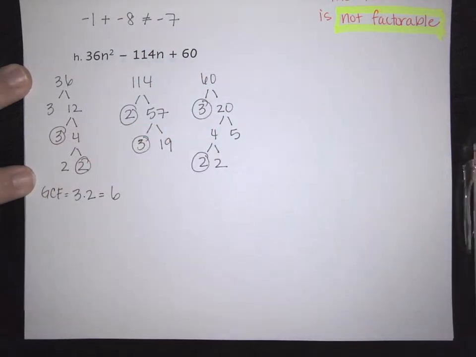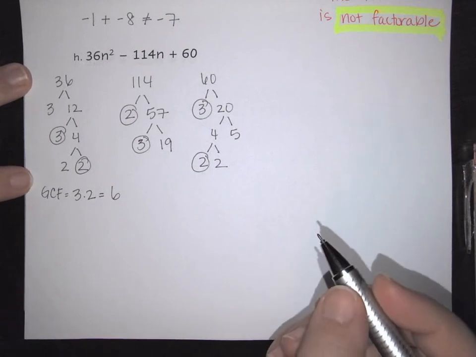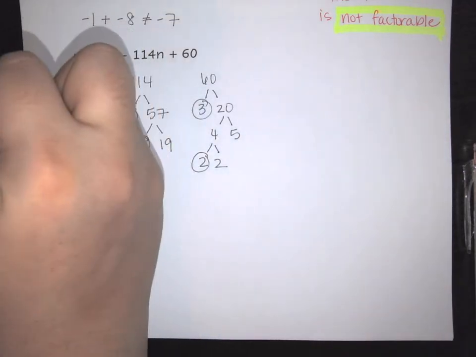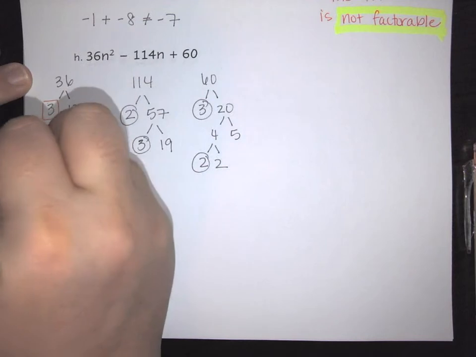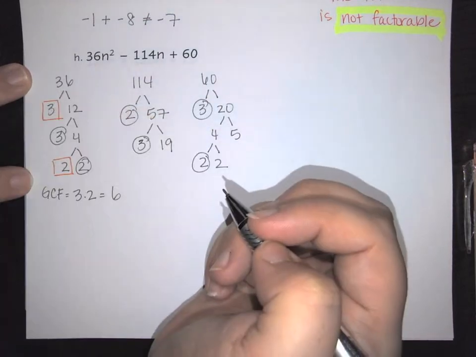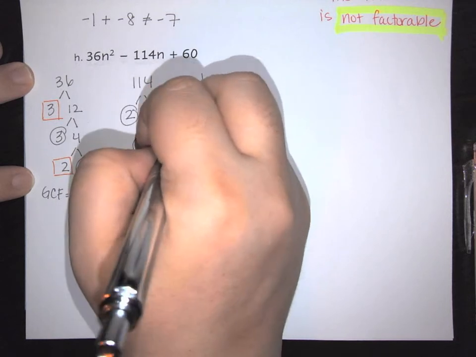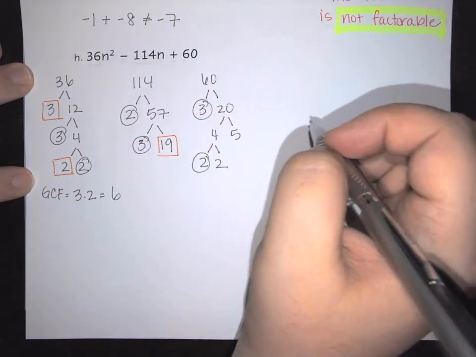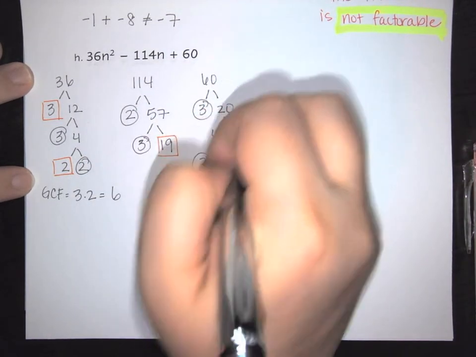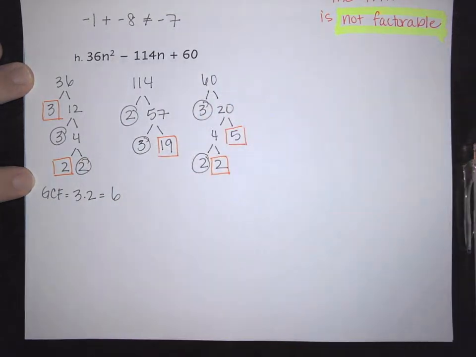Now with that, I also have pieces left over. In this case, I have a 3 and a 2. In my middle case, I've got this 19. And in my last case, I've got a 5 and a 2.